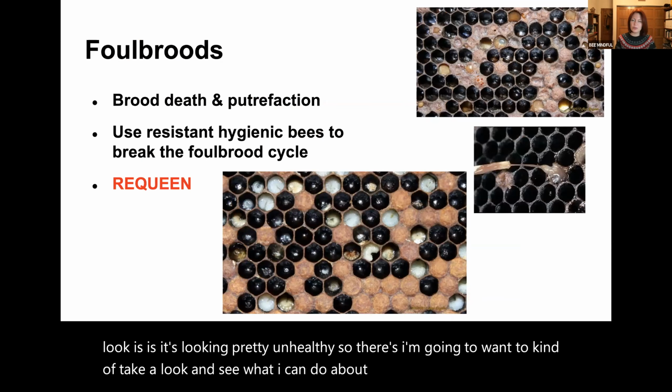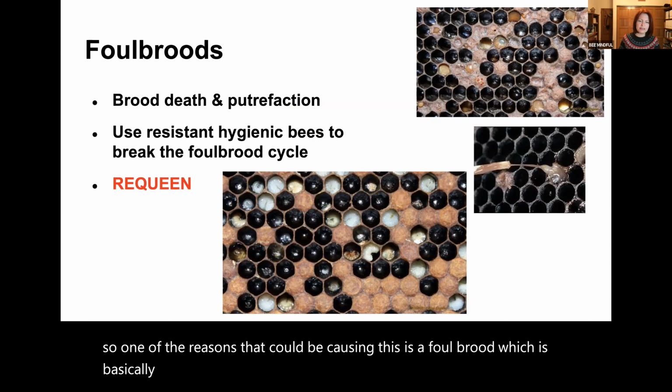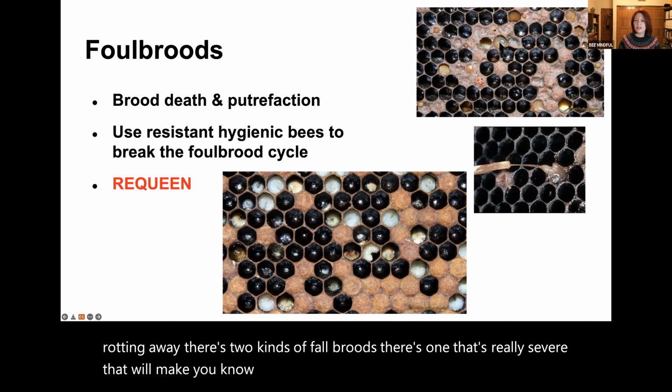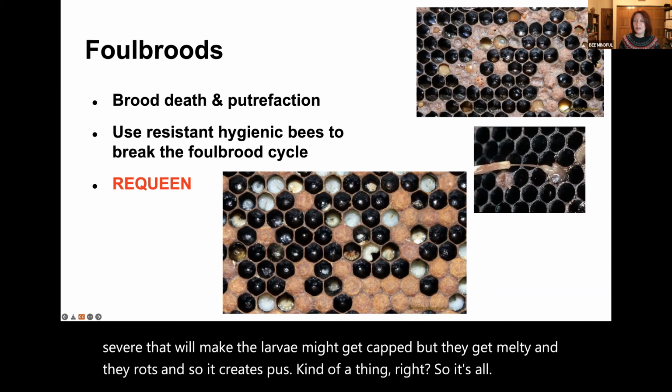So one of the reasons that could be causing this is a Foulbrood, which is basically when the brood gets sick and dies and rots. It's putrefaction, it's rotting away. There's two kinds of Foulbroods. There's one that's really severe, where the larvae might get capped, but they get melty and they rot. And so it creates pus kind of a thing, right? So it's all unhealthy looking.